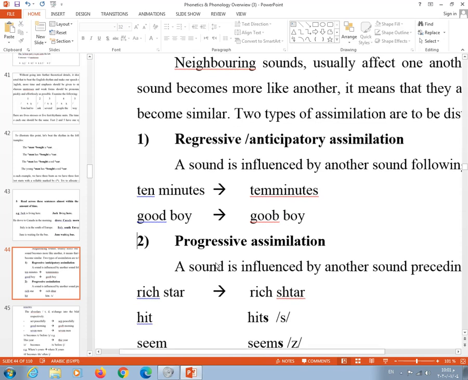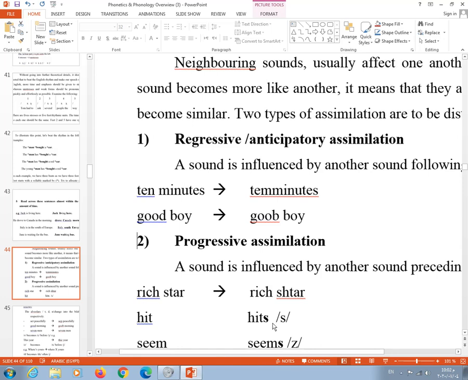In progressive assimilation, a sound is influenced by another sound preceding it. Here we have progressive: consonant number 1 affects consonant number 2. Okay? In the previous one, consonant number 2 affects consonant number 1. So, for example, the s of the plural or the s of the present simple tense in the third person singular.